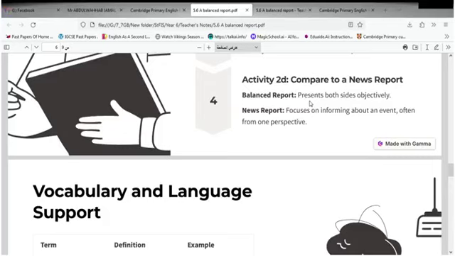While the balanced report presents both sides objectively, the news report focuses only on informing about an event, often from one perspective. And remember that balance report uses present tense while news report uses past tense.